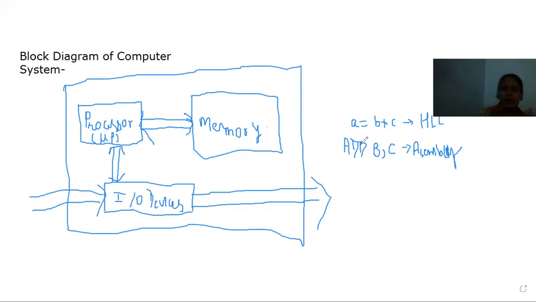So in the higher level language, to convert a program into the machine language, we will use compiler. To convert a program which is written in the higher level language, we will use compiler to convert it into the machine language.